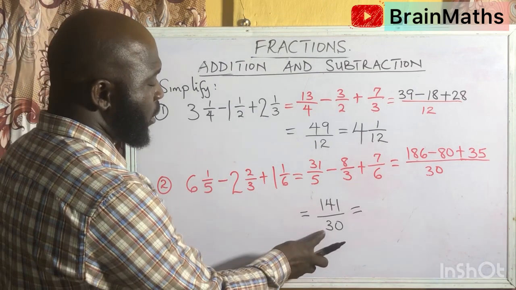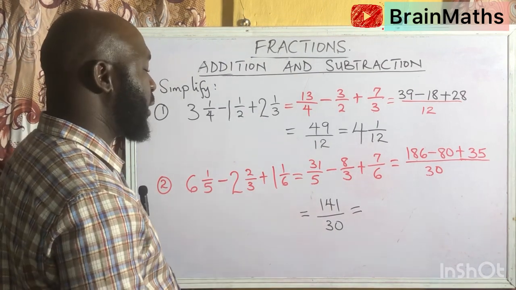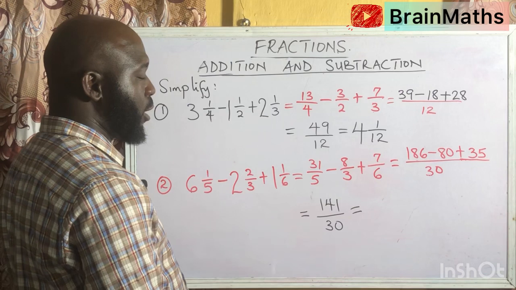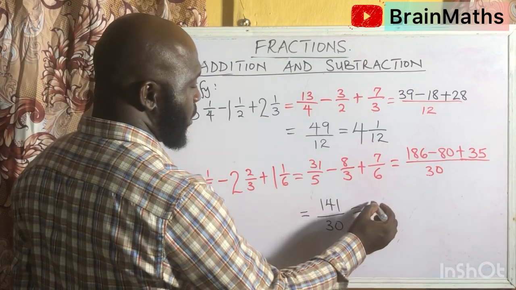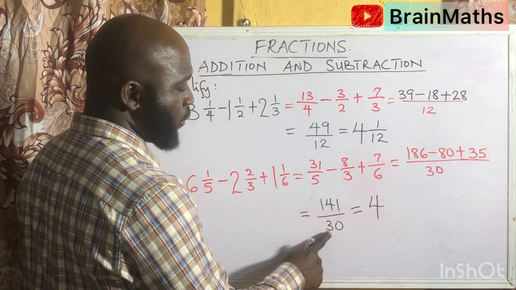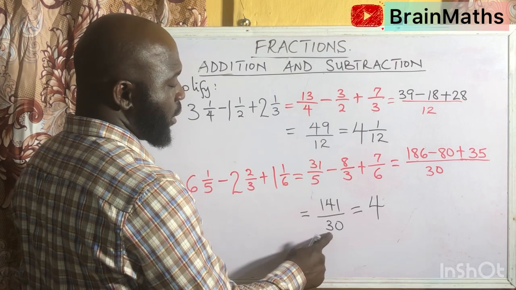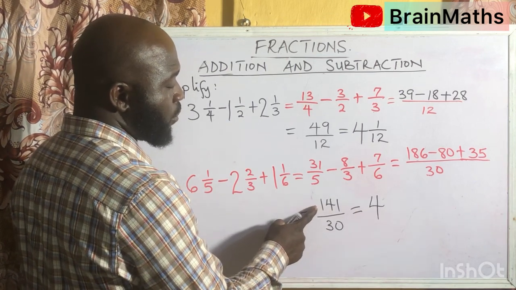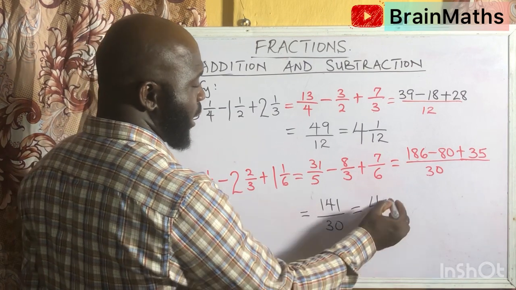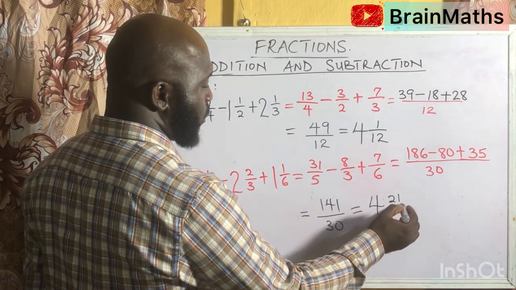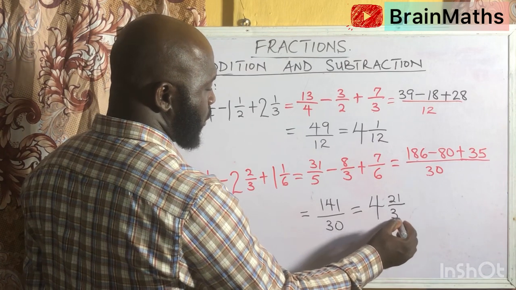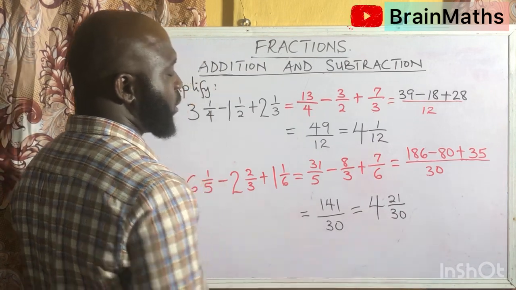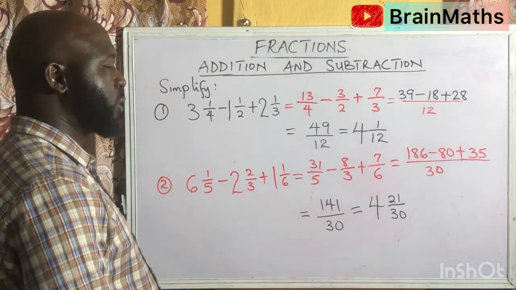But 30 can go in 141 in 4 different places. That is going to give us 120. 30 times 4, 120. If you take 120 from 141, you'll be left with 21 over 30. So this is our answer for this question.